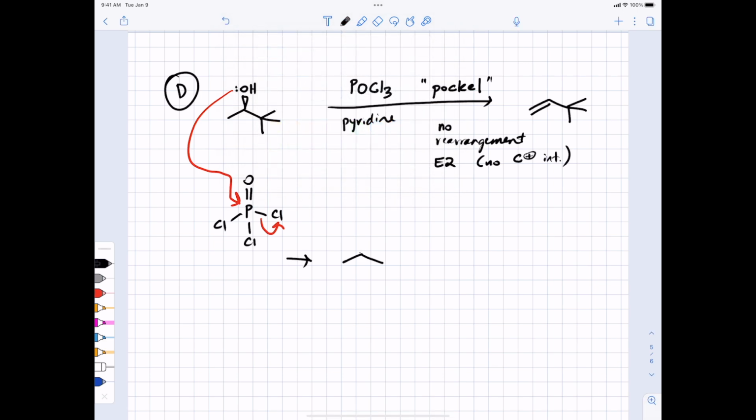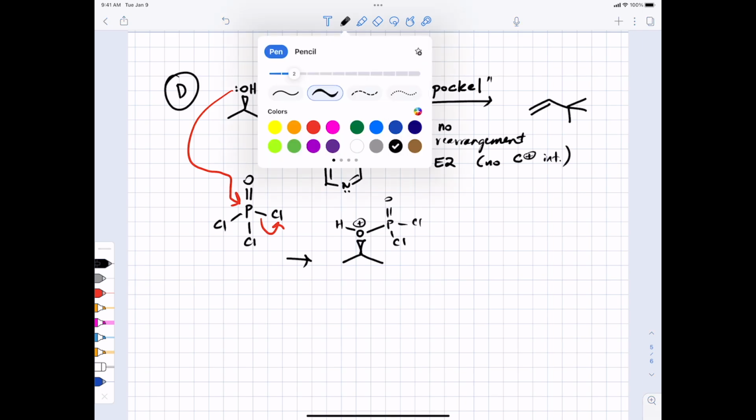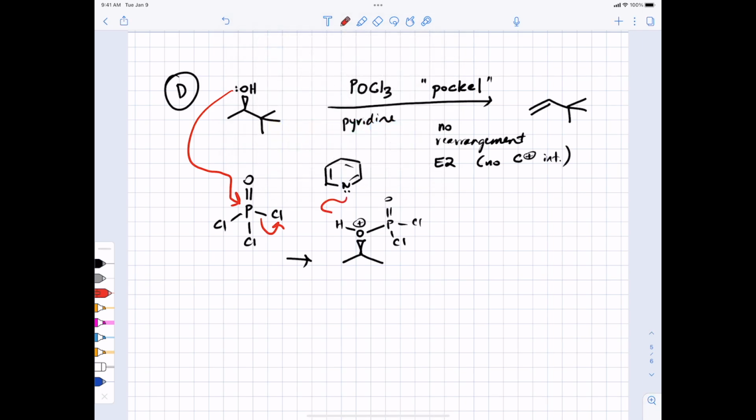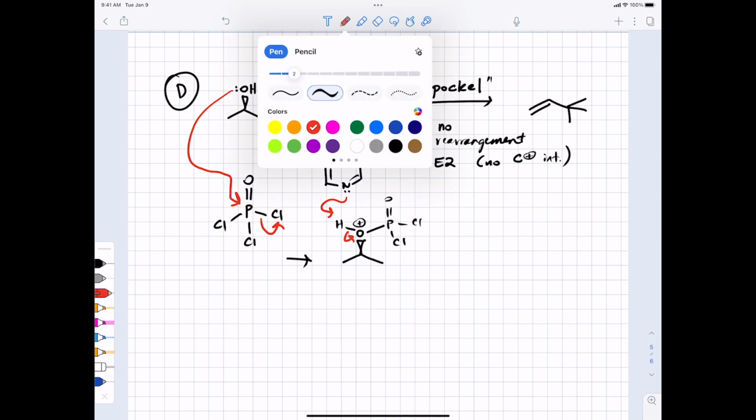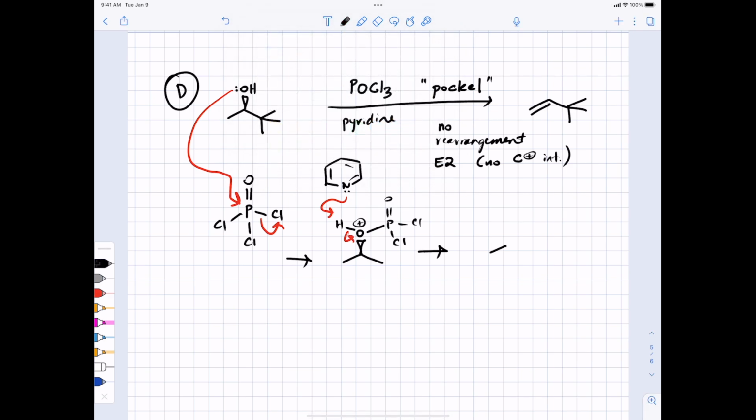That generates this intermediate with a positively charged oxygen that has a proton on it. You're going to use the pyridine as a base at this stage to remove a proton from the oxygen, and you'll get this intermediate. Oops, drawn the wrong structure.